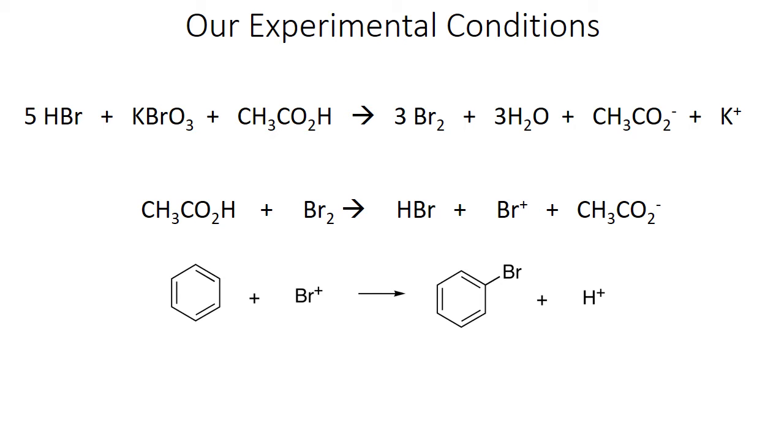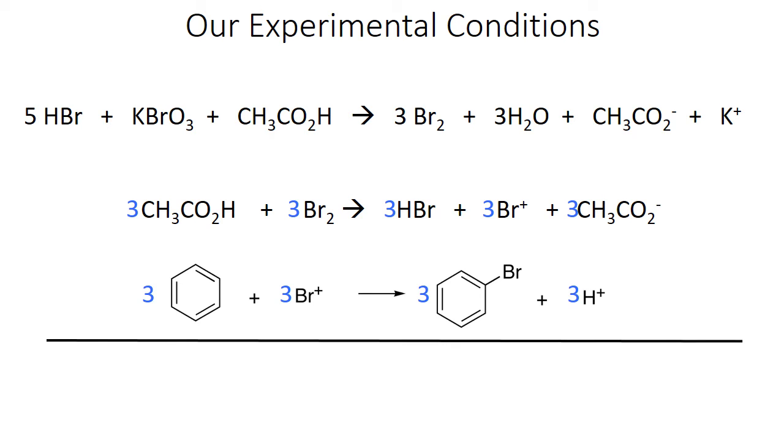In order to get the overall reaction here, we've got to play with some of the coefficients and then start crossing out things that appear on both sides of the reaction. So 3 bromines appear on both sides, 3 bromoniums appear on both sides.